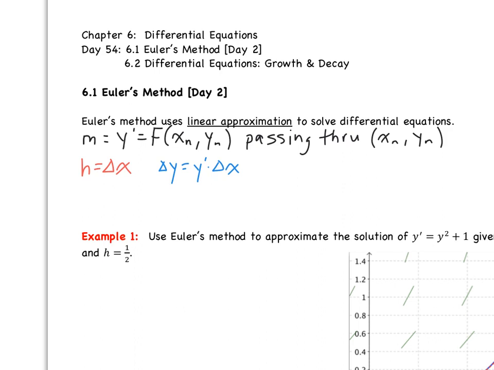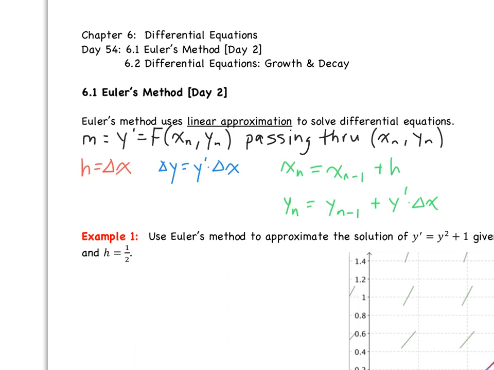To figure out the next x value, we simply take the previous x value and add that h to it, or that delta x. To figure out the next y value, we take the previous y value and add that delta y, so that y prime times delta x.